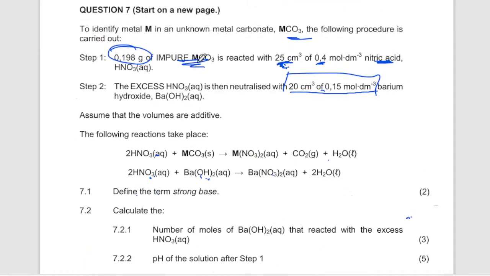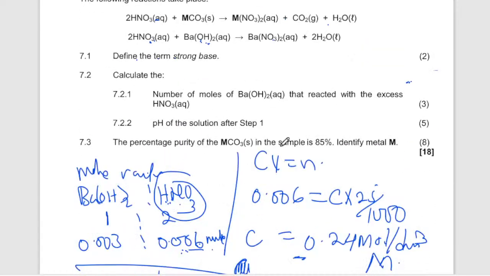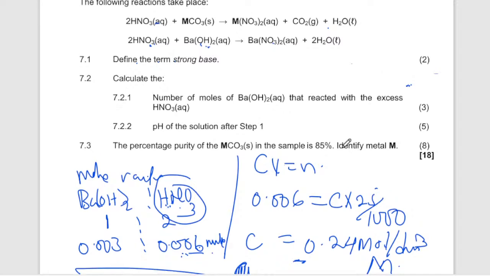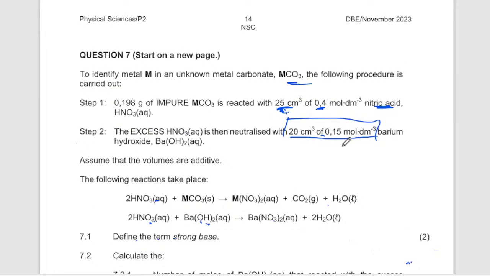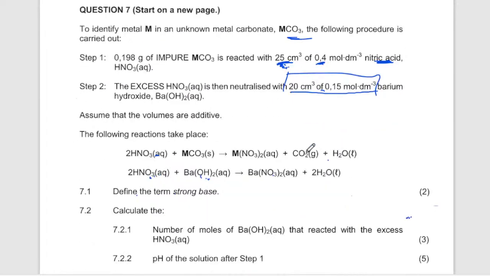They say that this is impure with this mass, so you're going to use that mass, but they say that in that mass only 85% of it is pure. So we have to find out the number of moles in that pure substance.